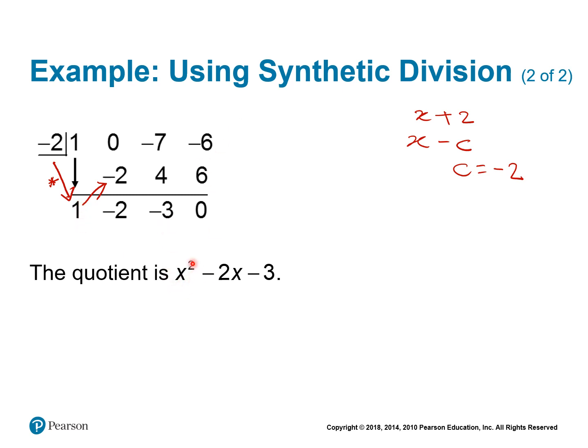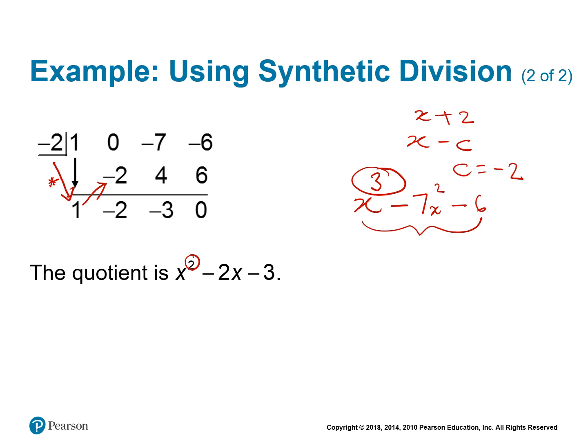However, the variable will take an exponent which is 1 less than what was in the original polynomial, in the original dividend. I think it was x cubed. The first term was x cubed. All right, it was x cubed minus 7x squared minus 6, correct? That was our dividend. So because the first term had a 3, in the quotient we will have an exponent which is 1 less than the 3.